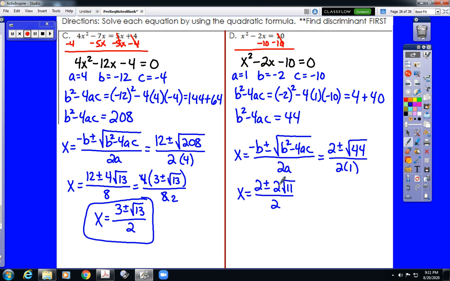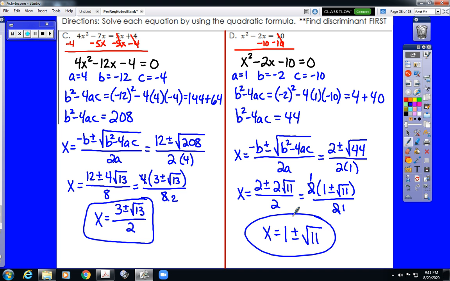Again, we have a 2 in all three of those numbers. So what's really happening is we're factoring that 2 out and then reducing. These both become 1s, which makes this not necessary. And we have 1 plus or minus the square root of 11 for our final answer.